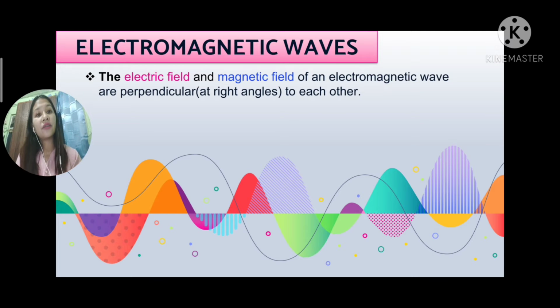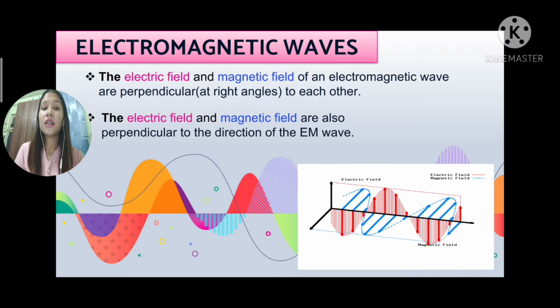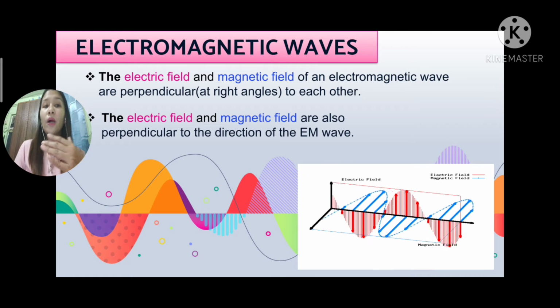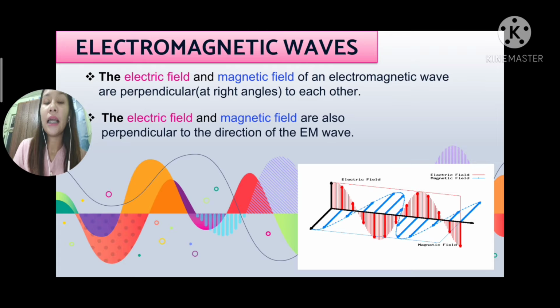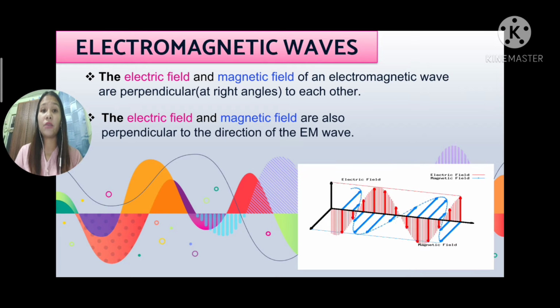The electric field and the magnetic field are perpendicular to each other. Thus, they are at a right angle and they are perpendicular to the direction of the electromagnetic wave.